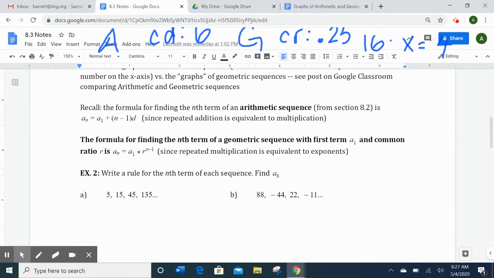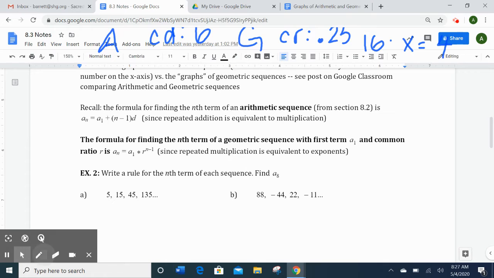It says, recall the formula for finding the nth term of an arithmetic sequence from section 8.2 is listed right there. Since repeated addition is equivalent to multiplication, it makes sense that the common difference, represented D, is getting multiplied by the term number, even though arithmetic is about what's getting added.